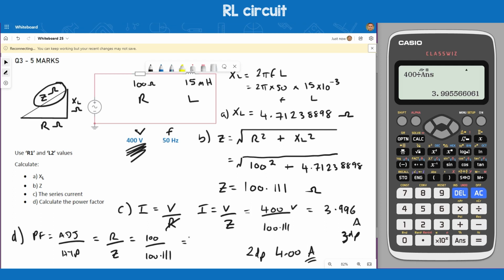This is going to be a power factor that is very good, close to 100%. So do 100 divided by 100.111, 0.999. So that is very close to 100%. It's 99.9% power factor.